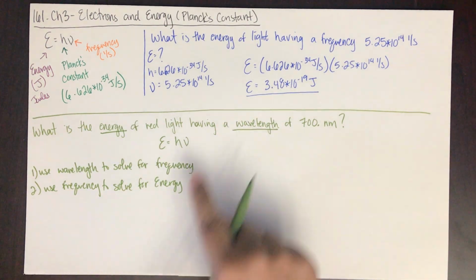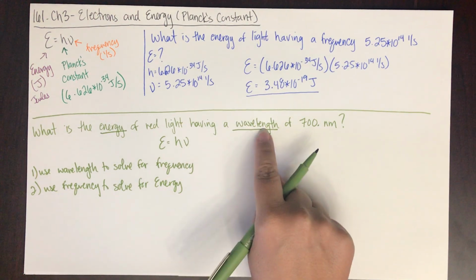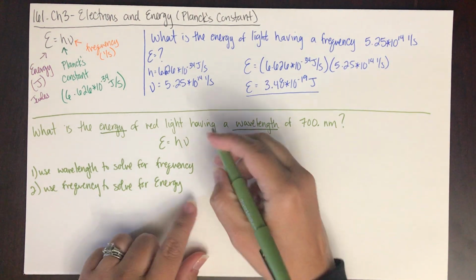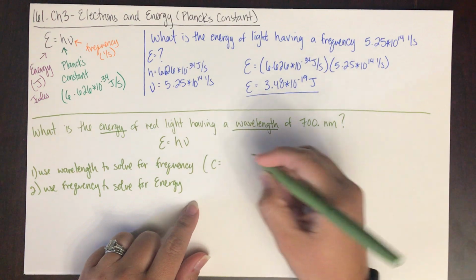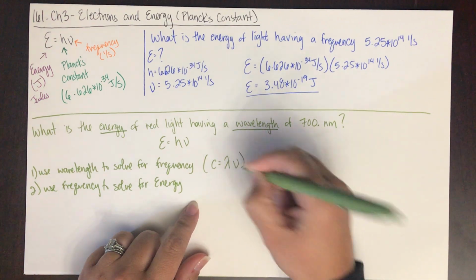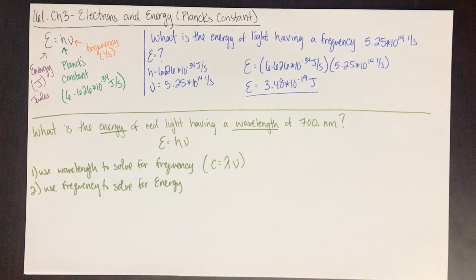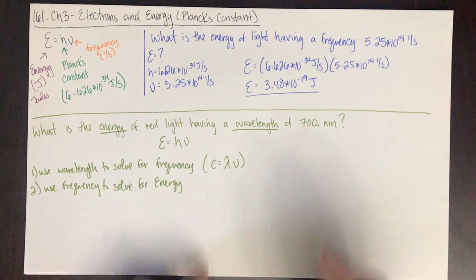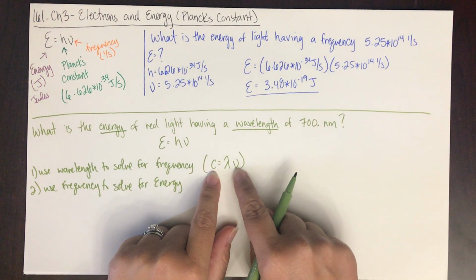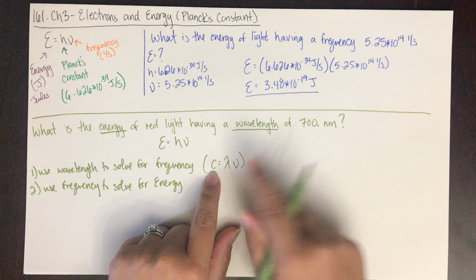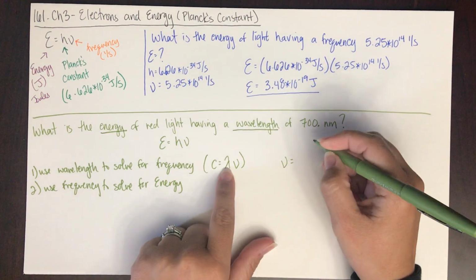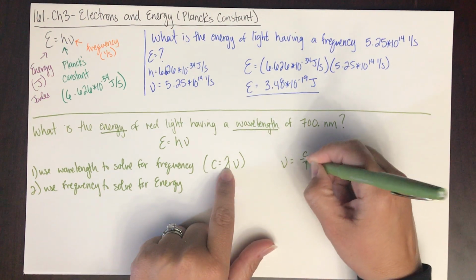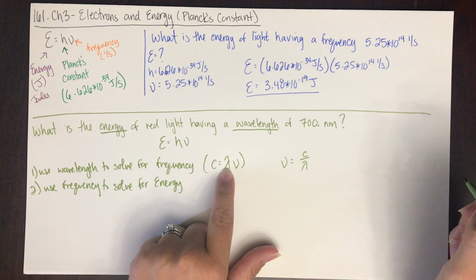So there's just one more step, because we can always solve for the frequency if we're given the wavelength, because we know the speed of light equals the wavelength times the frequency. So that's what I'm going to do first. If I'm solving for frequency, frequency equals the speed of light divided by the wavelength.